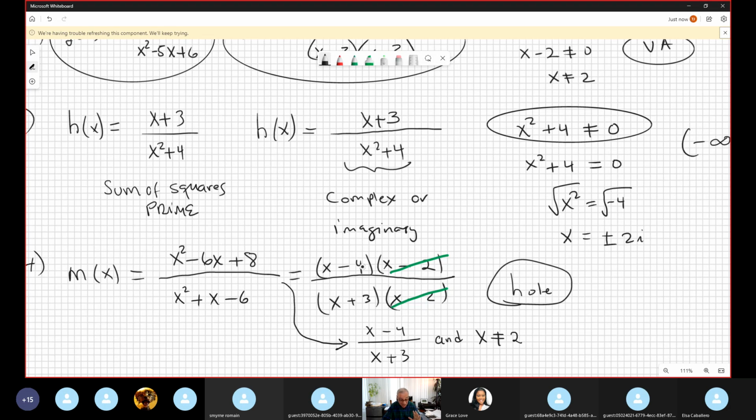This is important and hard to understand. And what about minus 3, professor? Well, x equal to minus 3 is also out of the domain, because minus 3 plus 3 is 0. But this is not a hole.